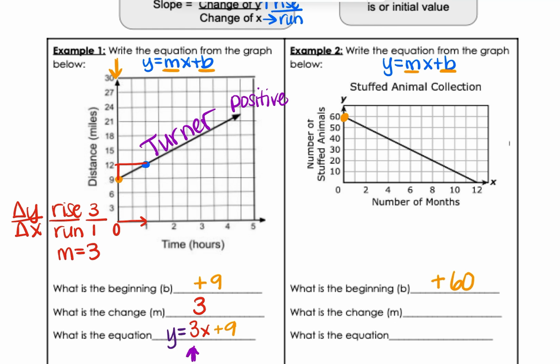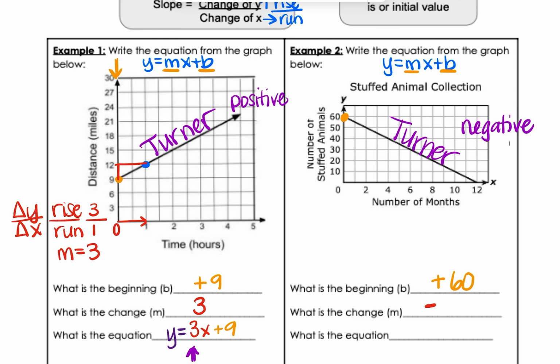Positive slope. And so if I write my name on this one, what's going to happen? It's going to go down, right? If I write Turner on this line, my name is going downhill. And so we know this is a negative slope. So I know whatever m is going to be a negative number.